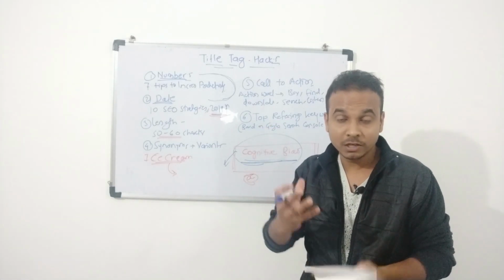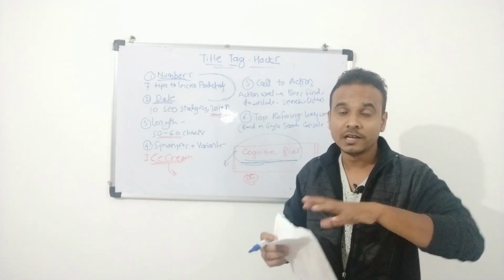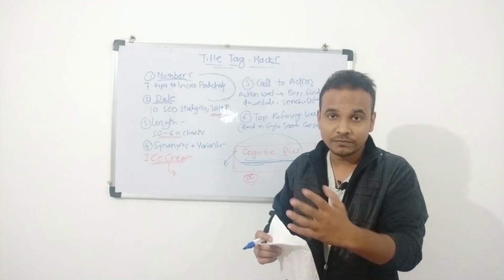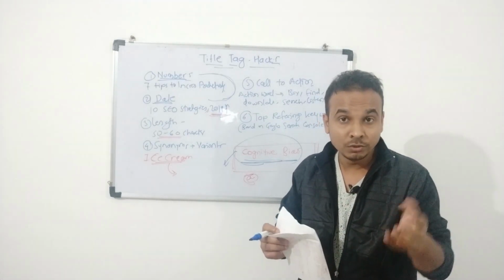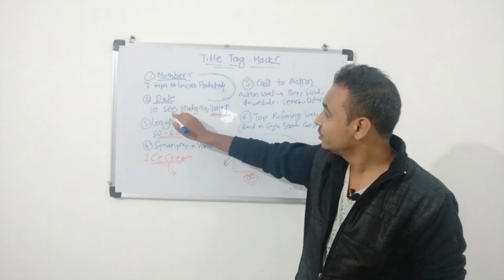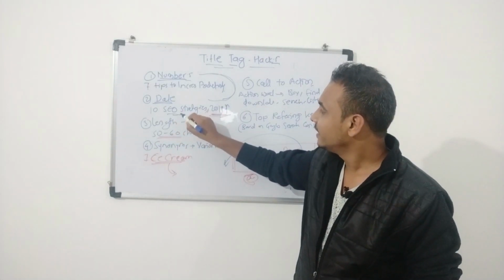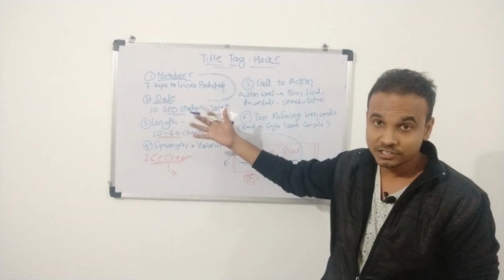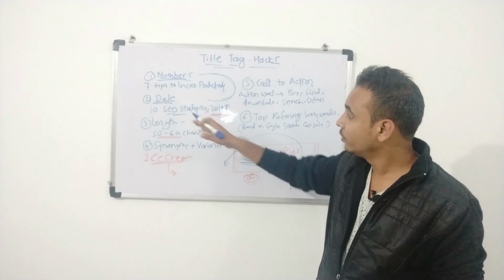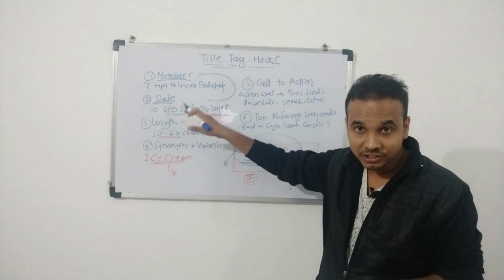We don't want to consume knowledge which is 5 years old. You don't want to read an article which was written in 2012. SEO itself is a changing industry, and there are many changing industries in the market. So when you want to read something, you want to read something fresh.